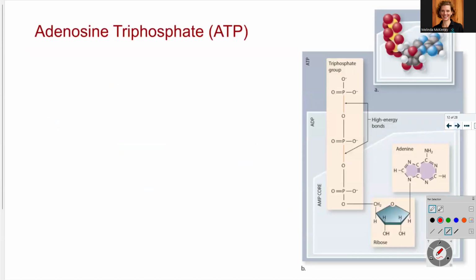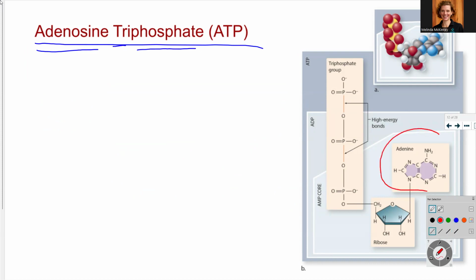So what does the molecule stand for? ATP, adenosine triphosphate. Okay, so if you look over here on the right, adenine, this is the name of the nitrogenous base that is part of this molecule. It also has a sugar, ribose.